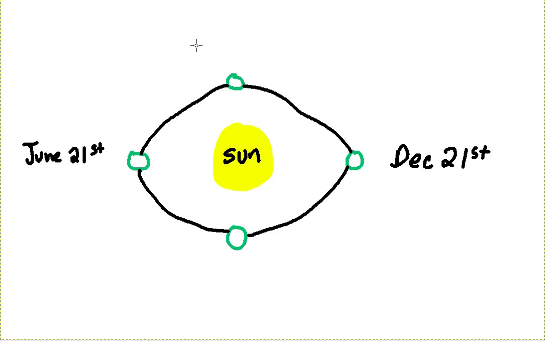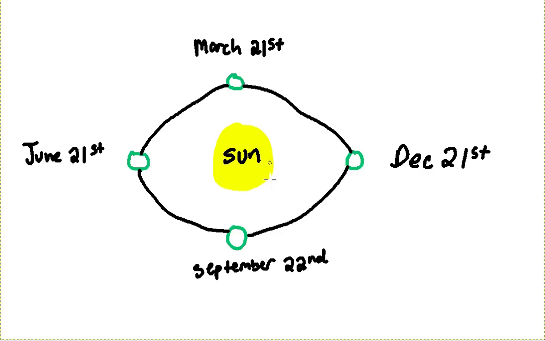Over here, the spring equinox. This is March 21st or 22nd. And then down here, our fall or autumn equinox. That is September. I believe this one definitely is the 22nd. These vary a little bit. It's not like exactly on the day.